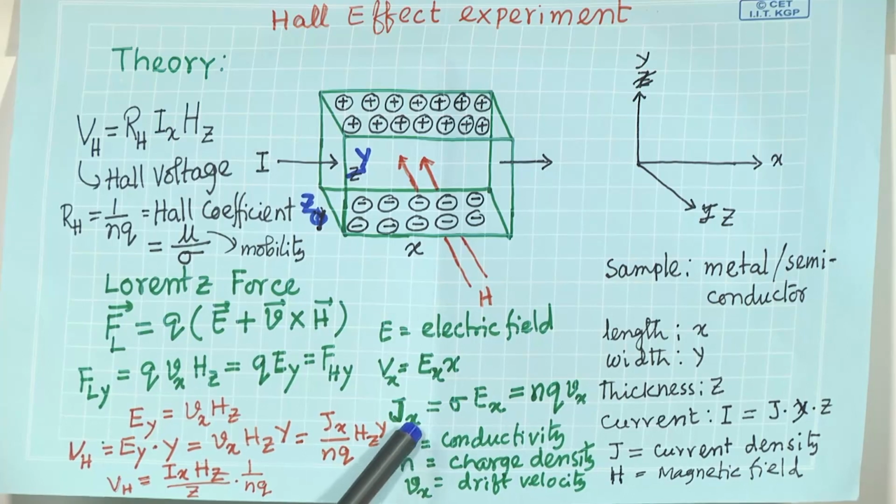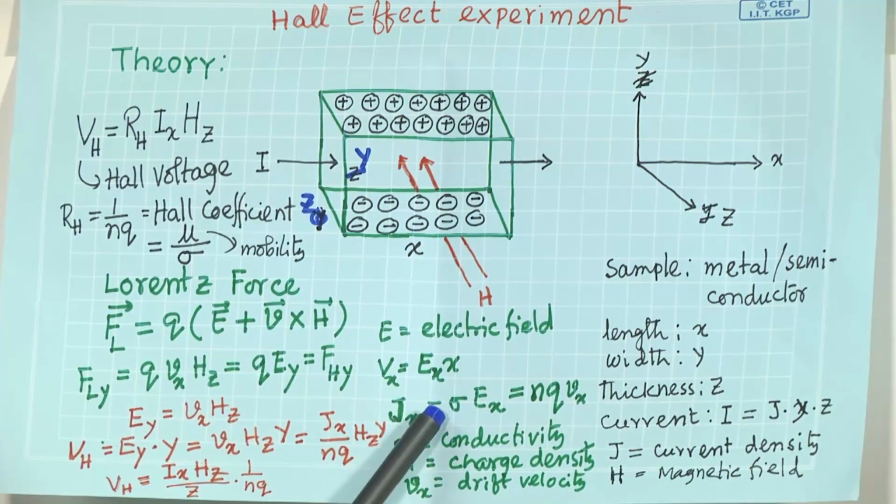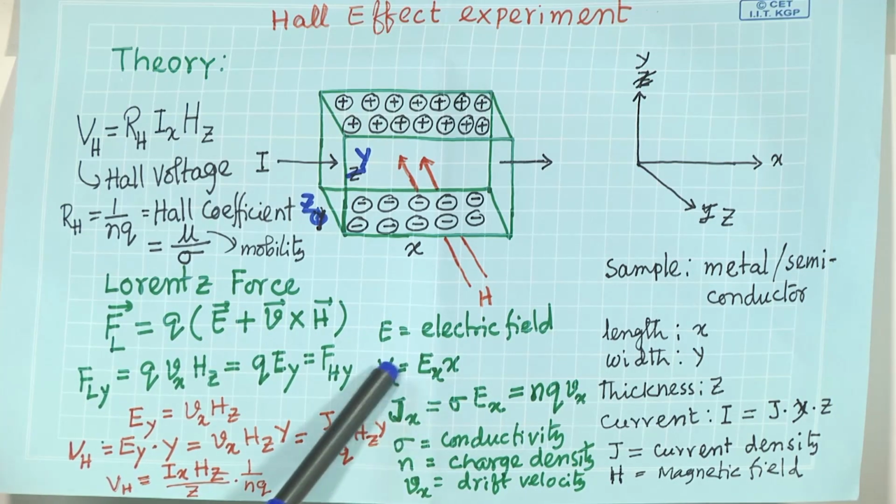Now Jx, the current density along the x direction, is equal to sigma Ex. Sigma is the conductivity. So Jx equals sigma Ex equals N-Q-Vx. Okay. So current density is basically N-Q-Vx.